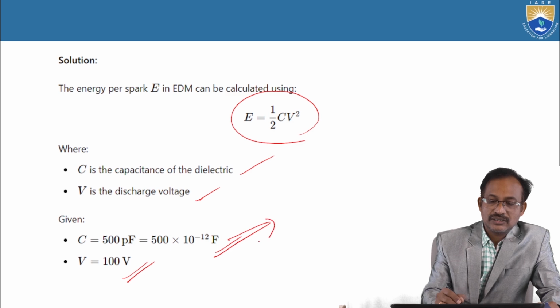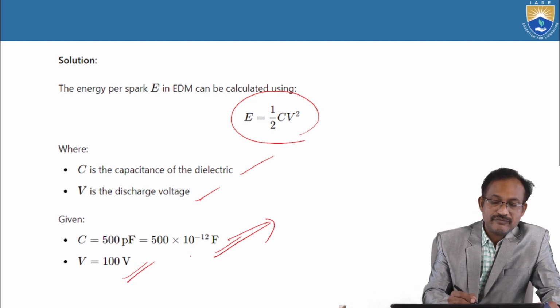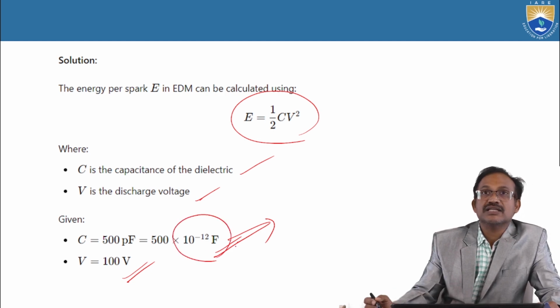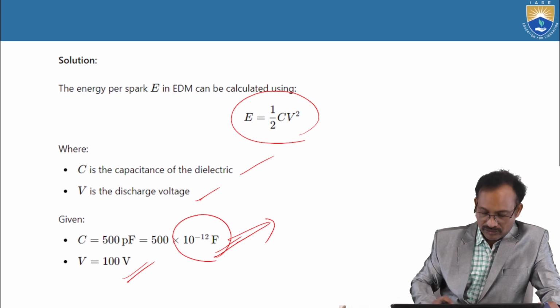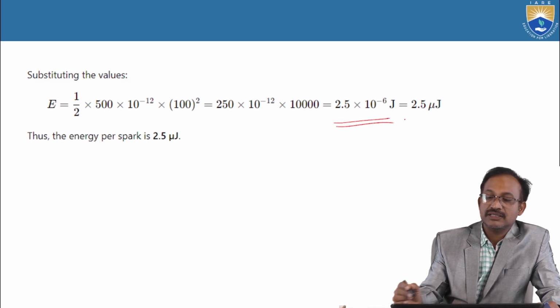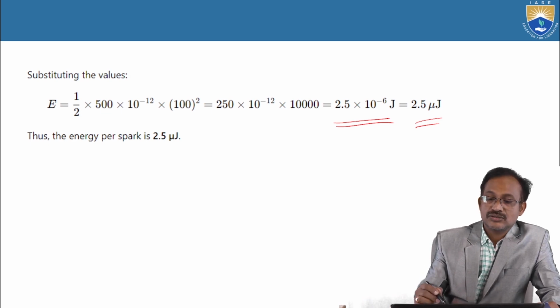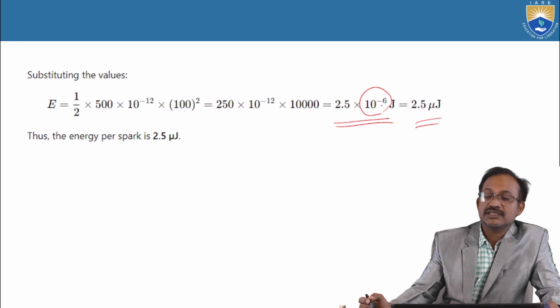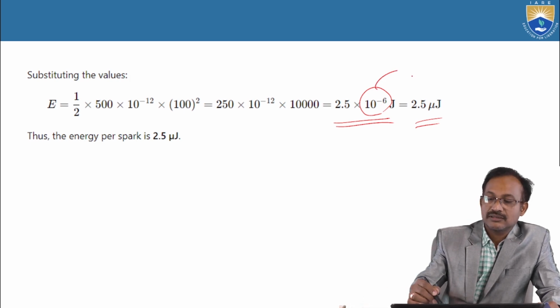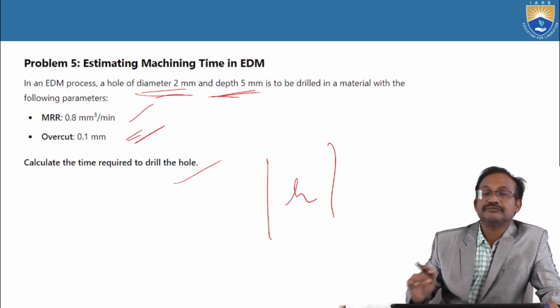Don't forget that you need to convert 500 PF into F. PF means 10 power minus 12 F, so that conversion we have to follow. Then substitute the values, and finally convert the joules into microjoules, using 10 power 6.